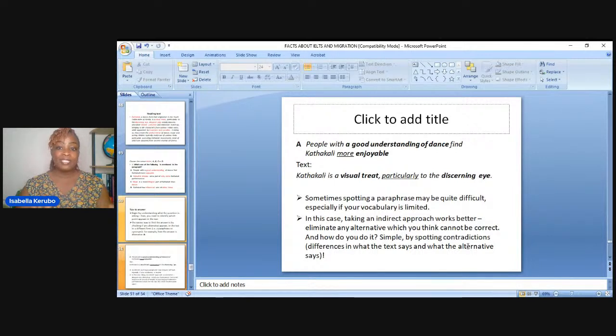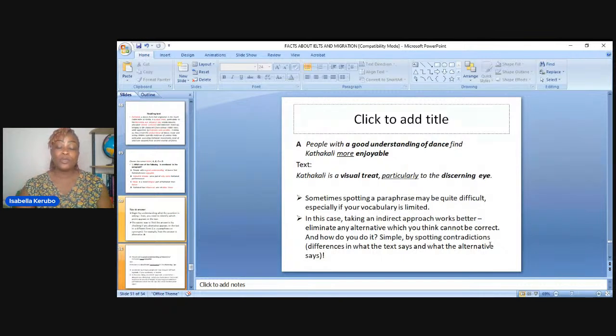If not, just put a star, like an X. Remember, in the question paper, you can mark it whichever way you want. This works by spotting contradictions or differences between what the text says and what the option or alternative that you are reading says. If it contradicts, put an X.